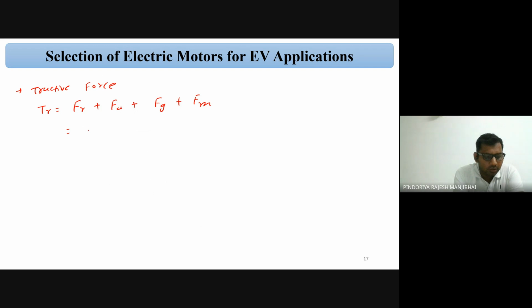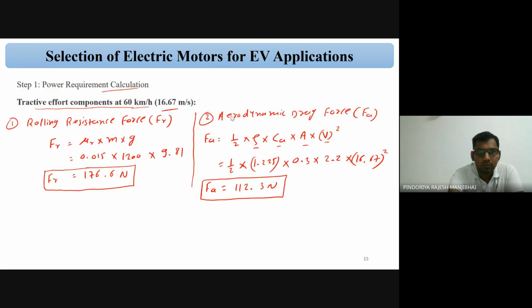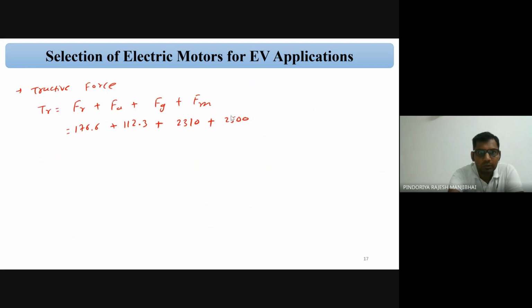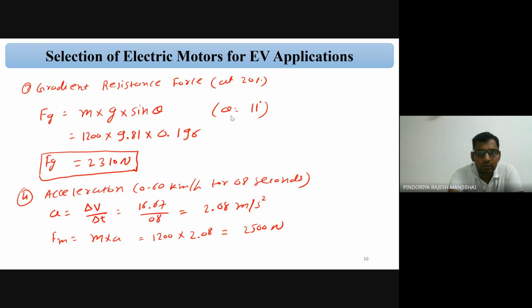So Fr is equal to 176.6, Fa 112.3, plus Fg 2310, plus Fm 2500. So 176, 112, 2310, and 2500.